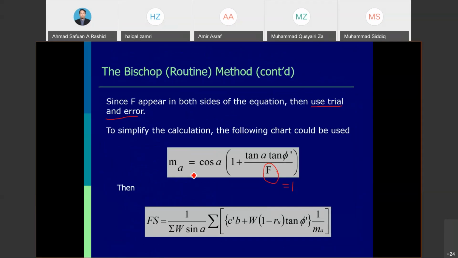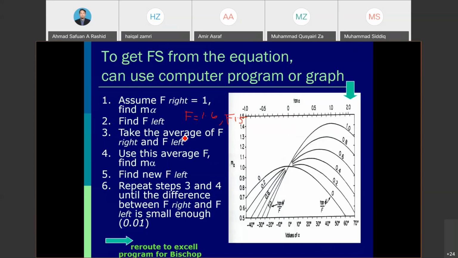So use this average to find again the m alpha. M alpha masukkan balik. Use the value of the average to find new F left. Repeat step 3 and 4 until the difference between F right and F left is small enough, 0.01.